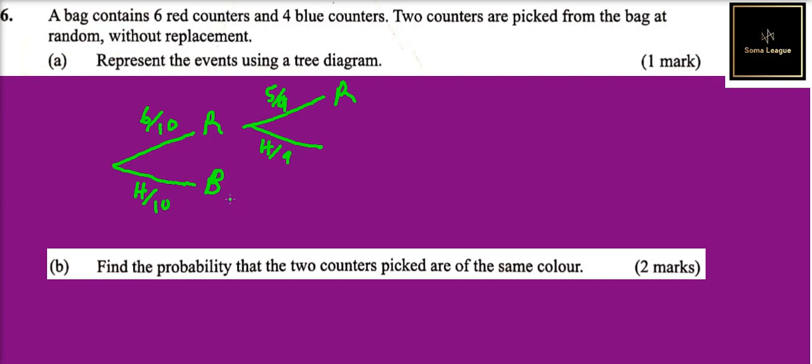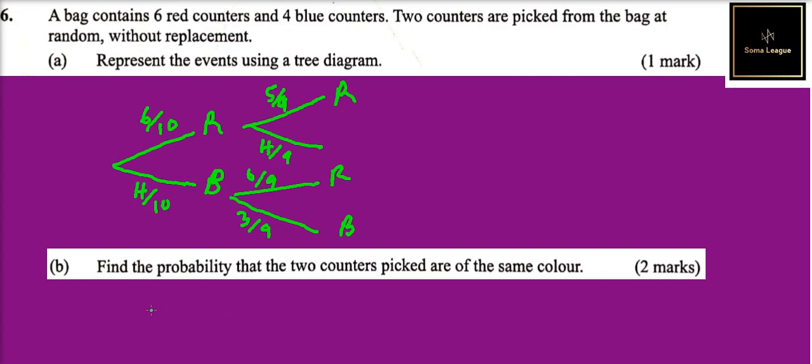If you pick the blue first, you can still pick a red, but because you picked a blue first, red will still remain 6 out of 9. You had picked blue, so you remain with 3 out of 9. So that is how you represent that information using a tree diagram, and you get 1 mark.